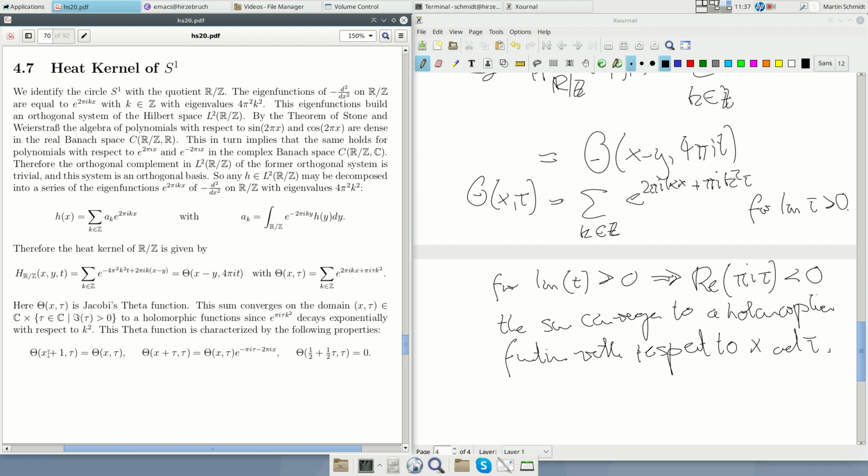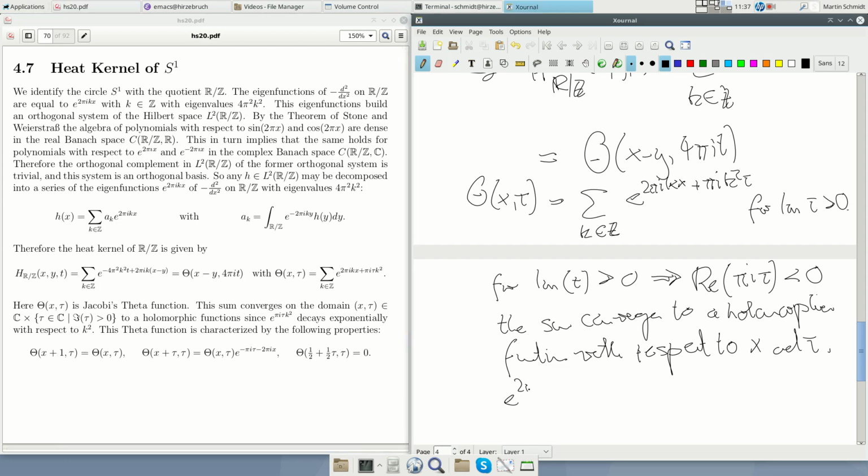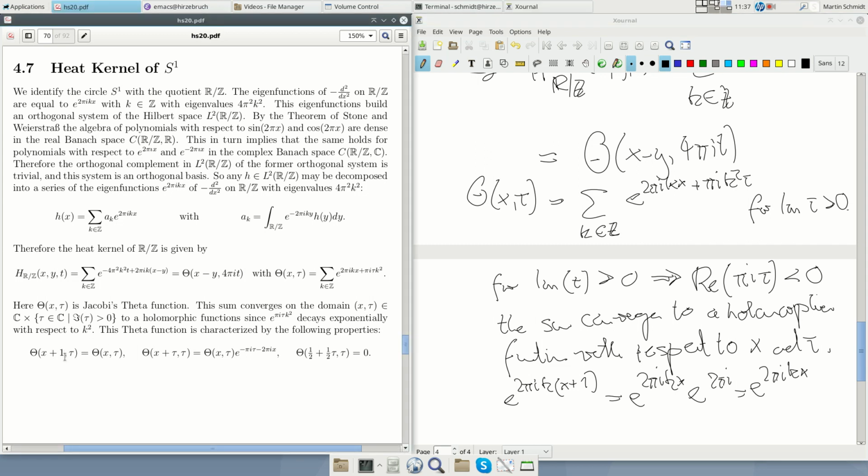The first property is clear, since exponential of 2πi k (x plus 1) is of course exponential 2πi k x times exponential 2πi k, which is 1. Since these functions are periodic with period 1, this first property is clear.